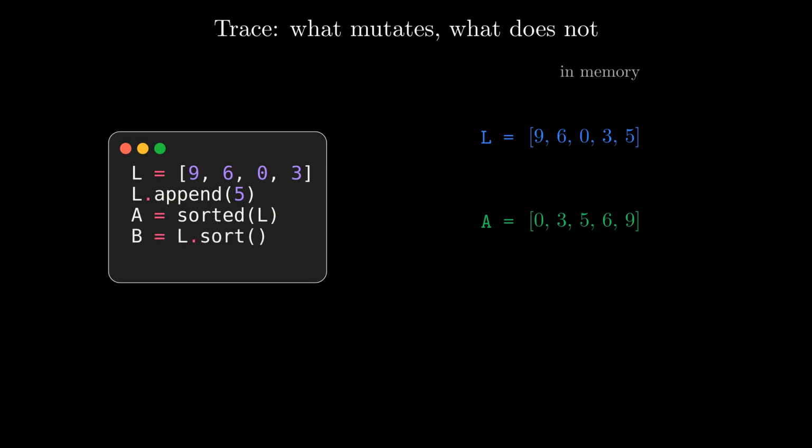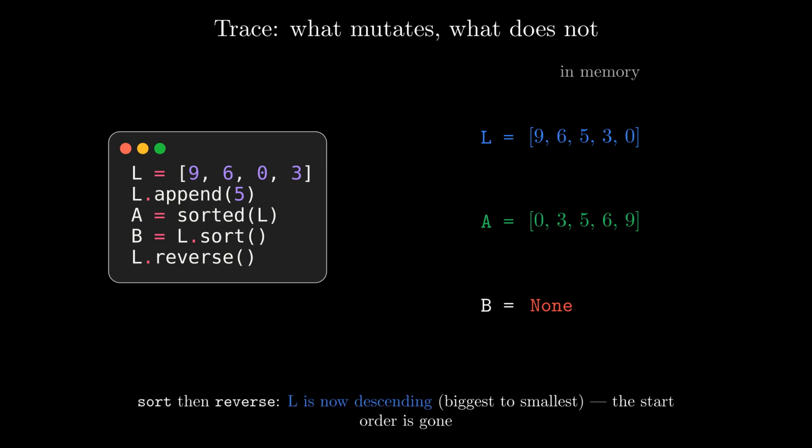Now the tempting mistake. The name B is set to L.sort(). This time sort does mutate L, rearranging it in memory to 0, 3, 5, 6, 9. But sort returns None, so B ends up pointing to None, not to a list. That is exactly the trap from before. Never assign the result of sort. Finally, L.reverse() flips the now sorted list end to end, so L becomes 9, 6, 5, 3, 0.